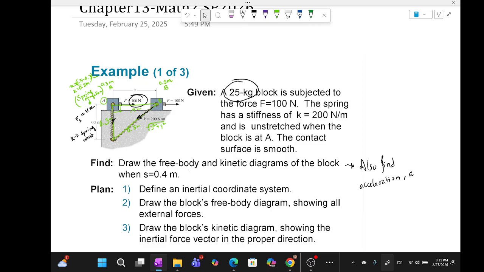That's the movement, and they give you the value of S: 0.4 meter. So the block was initially here, attached with the spring, and it moved 0.4 meter. Initially no stretch, and the spring was 0.3 meter long, right?